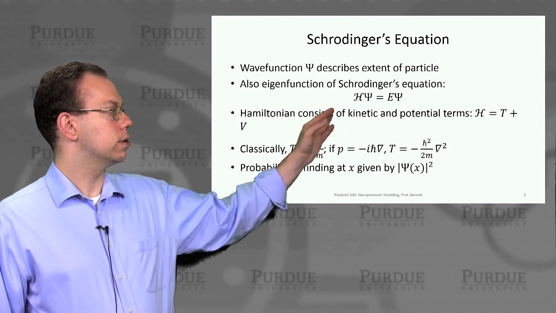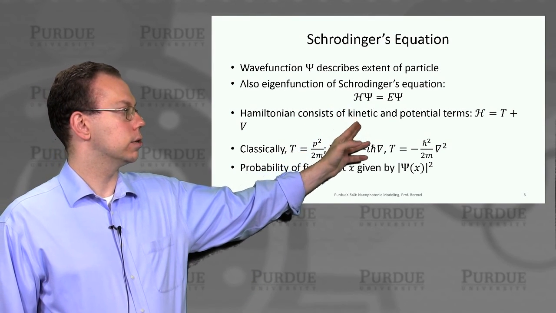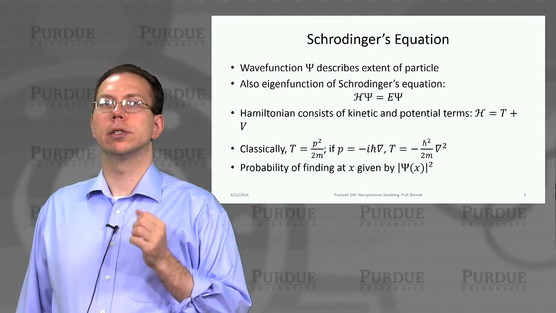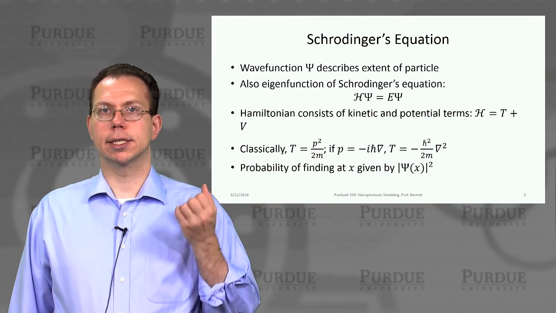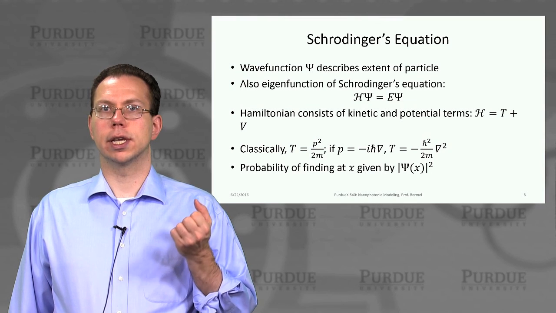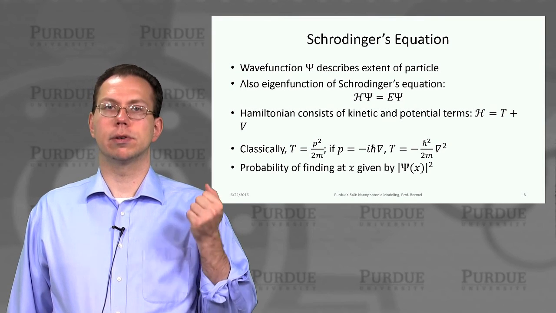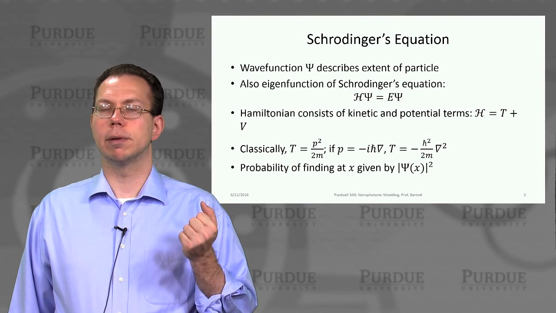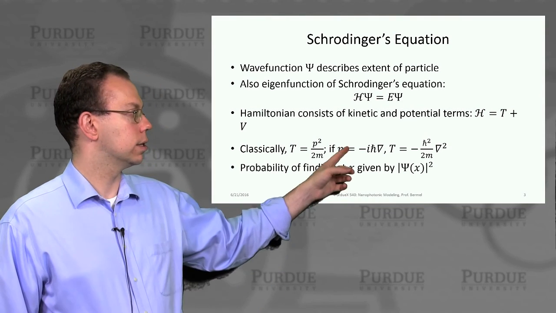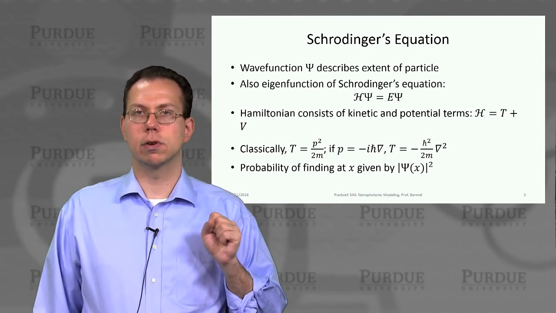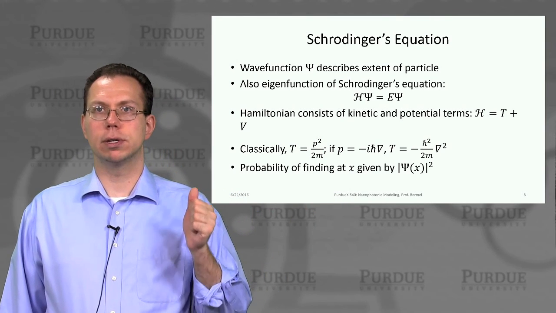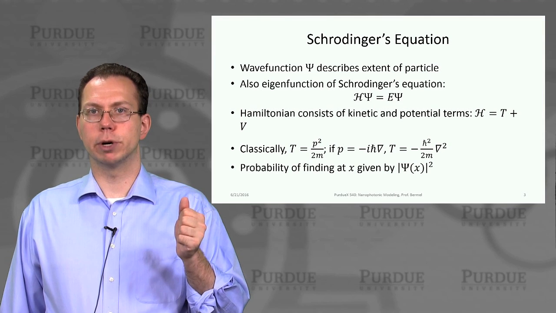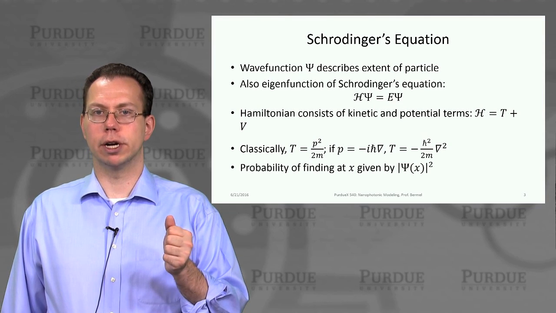So then when you write down Schrodinger's equation, h psi equals e psi, like I mentioned, it has kinetic and potential terms. In classical mechanics, kinetic energy goes like 1/2 mv squared, or can also be written as momentum p squared divided by 2m, right? However, in quantum mechanics, usually you promote what would normally be just a simple number, like momentum, to an operator.